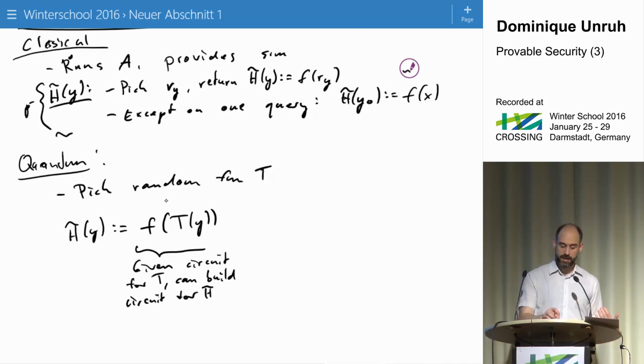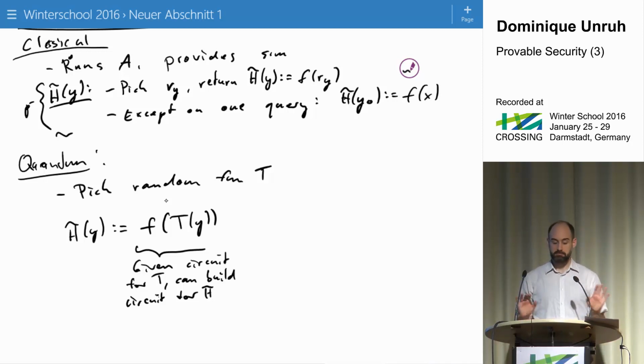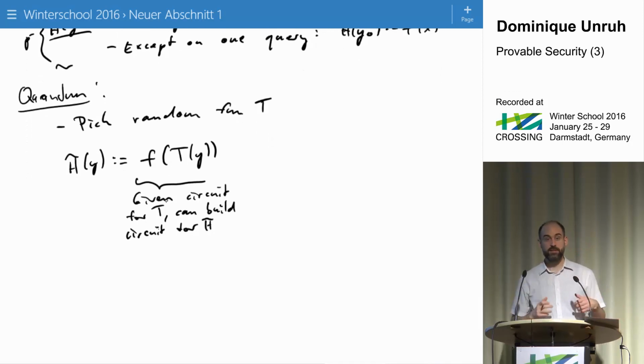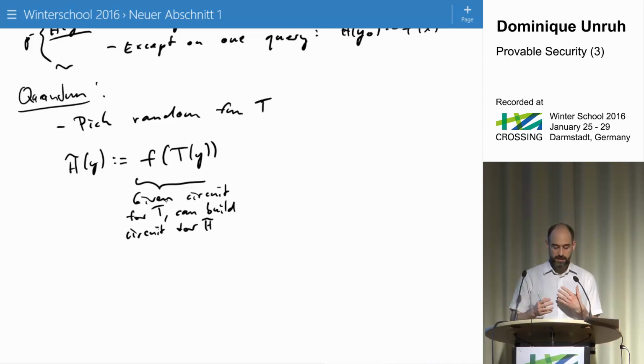So if we can compute t in superposition, we can compute f in superposition, then we can also compute h tilde in superposition, and that means we can simulate the random oracle. So it turns out we cannot do lazy sampling, but we can do a kind of sampling where we cheat in how we sample the values, but in a way that doesn't depend on any data we get.